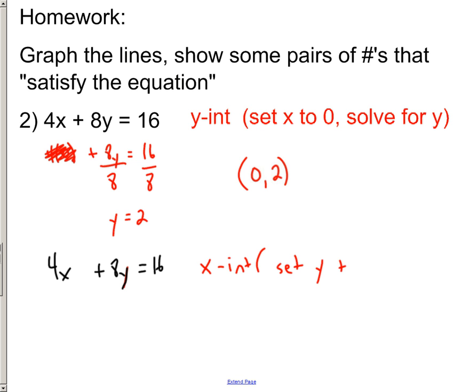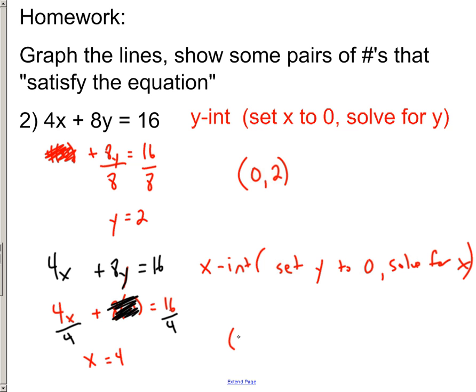The x-intercept, set the y to 0. Solve for x. And I know my handwriting's a little sloppy. So this would be 4x plus 8 times 0 equals 16. I know that 8 times 0 is 0, so I'm left with 4x equals 16. Divide by 4, divide by 4, x equals 4.